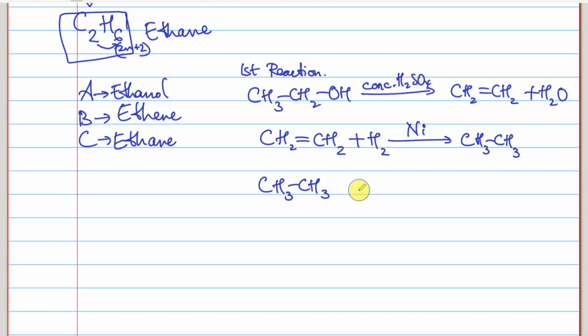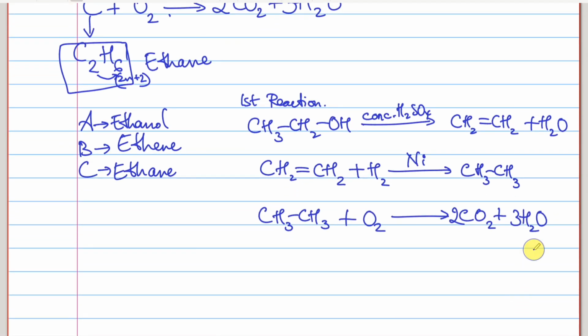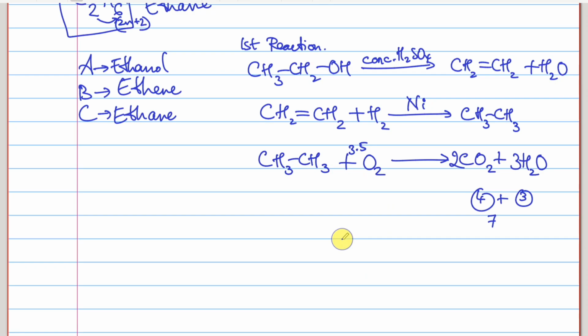So ethane CH3CH3 will combine with oxygen to form carbon dioxide, and they have already given us carbon dioxide is 2 plus 3 H2O. To balance it out, we'll need to count the number of oxygens. 2 times 2 are 4 oxygen plus 3 times 1 are 3 oxygen. So totally we have 7 oxygens. So 7 by 2 will be 3.5. So if we have 3.5, we'll have to multiply everything by 2.